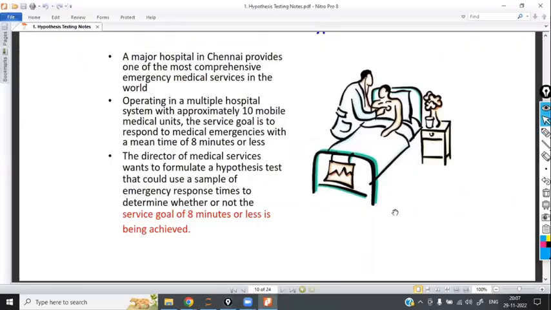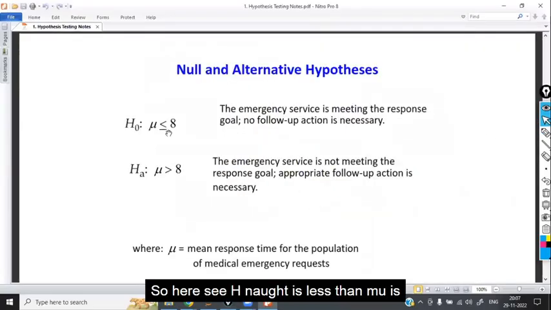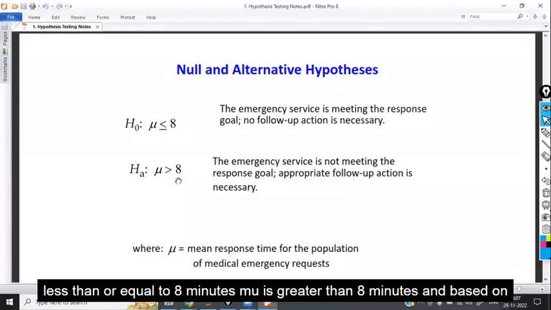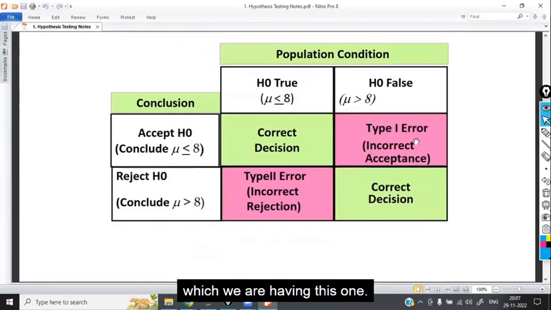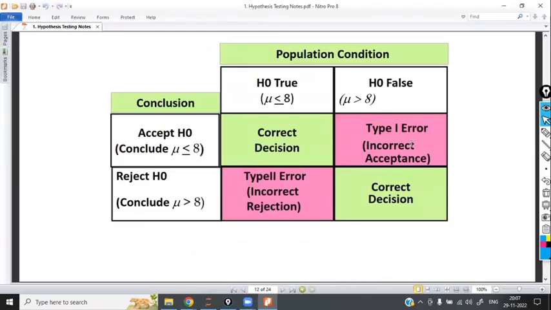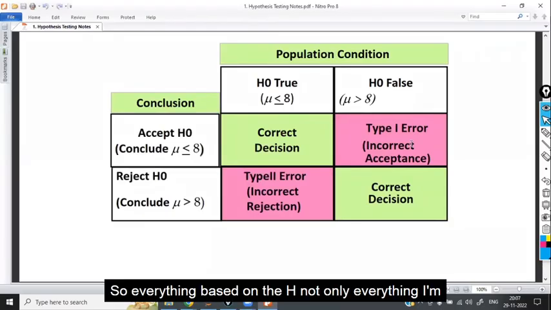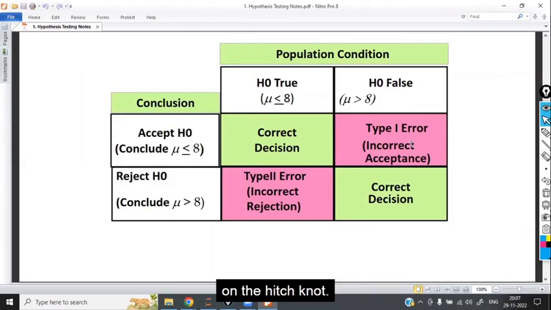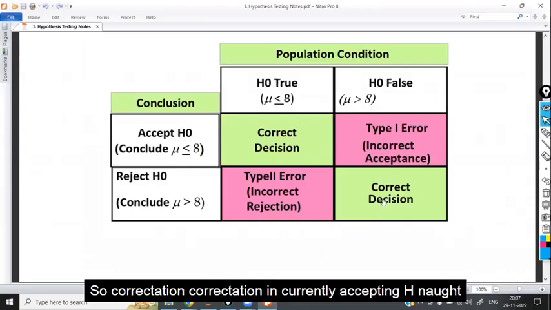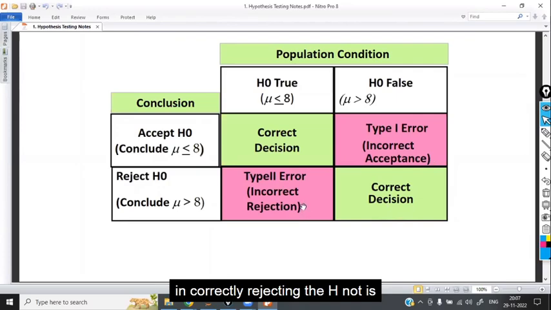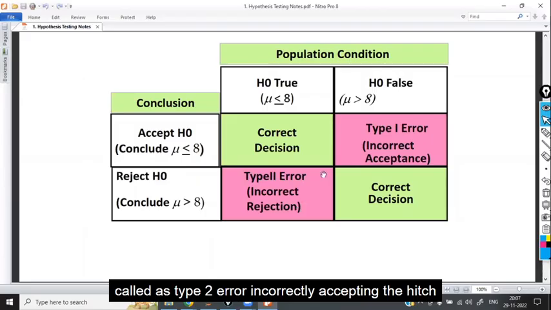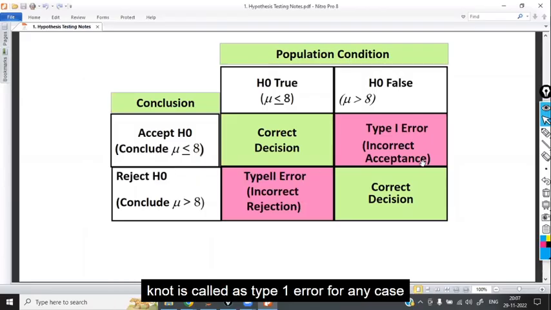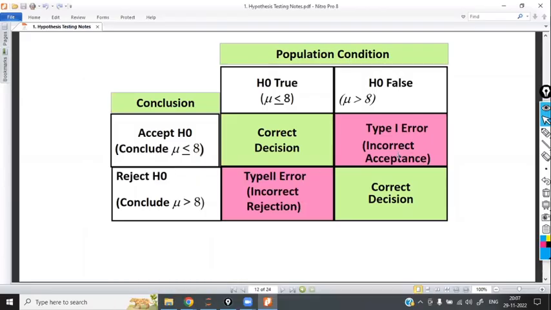Is that clear, guys? Here, H0 is mu less than or equal to 8 minutes, and H1 is mu greater than 8 minutes. Everything is based on the H0 only, not based on the H1. So, correct decision; incorrectly rejecting the H0 is called type 2 error, and incorrectly accepting the H0 is called type 1 error, for any case.